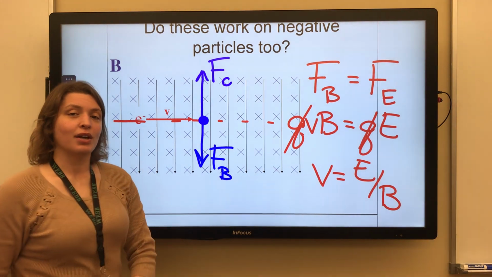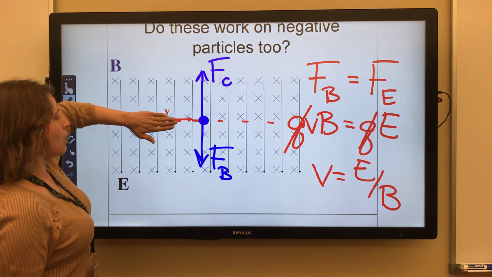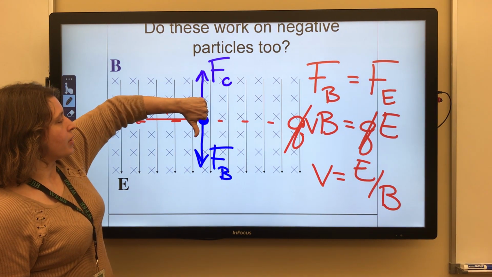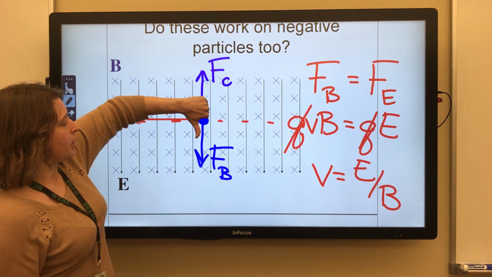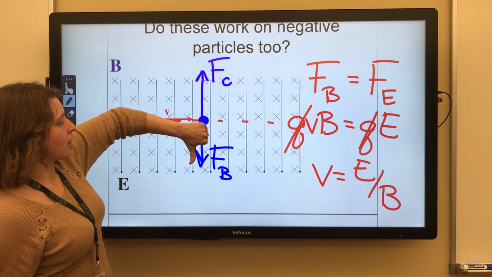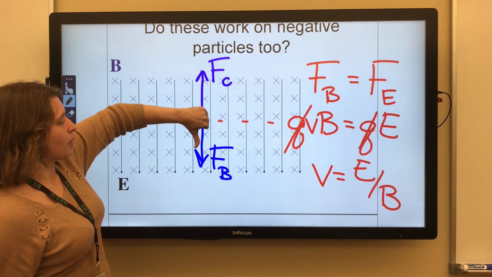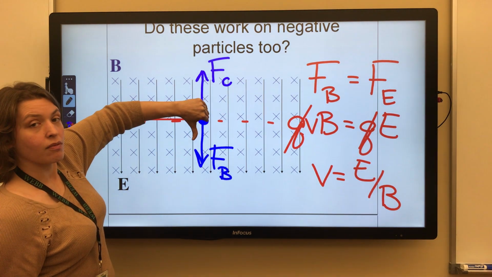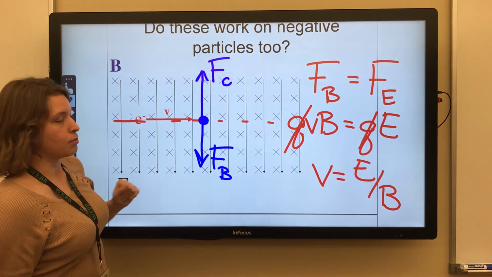You also could do this with the right-hand rule and say velocity is directed this way across the board, magnetic field points into the page, into the board, and my thumb is pointing downward. And so when I do the left-hand rule, this gives the direction of the force on a negatively charged particle.